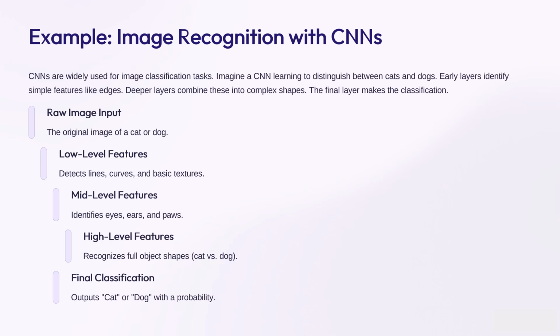In the second last level, it recognizes the full object shape, the body shape of the given image, where we give the image of a dog or cat, and finally it predicts whether the image we have given as input is a dog or a cat and gives the output.